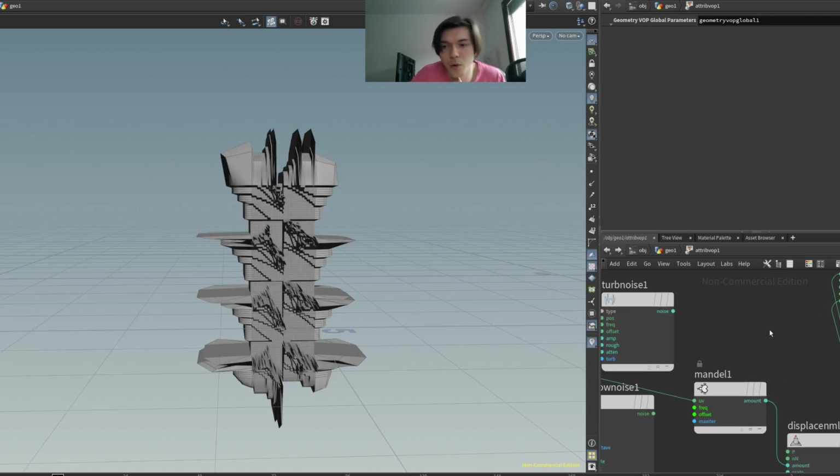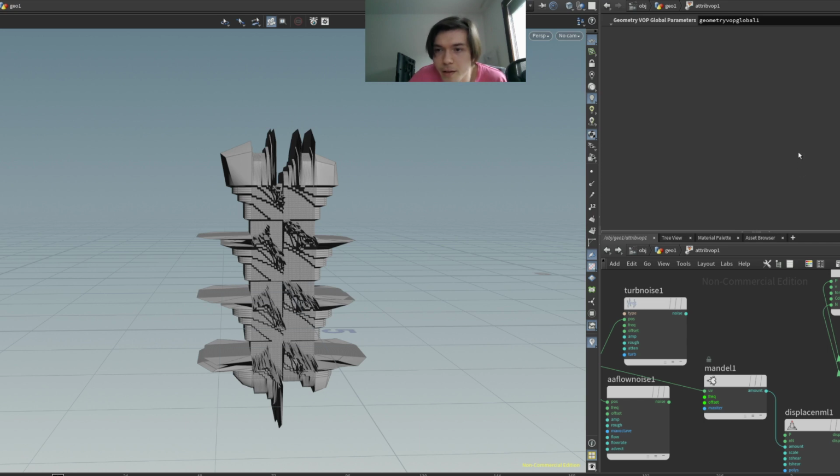I would like to know where the displacement is, whether there, yes, there is displace along normal. Control flow, block begin, convert, degrees to radians, float to matrix, vector to vector 2. I believe that there are so many things one could be doing there. Generic geometry, near point.